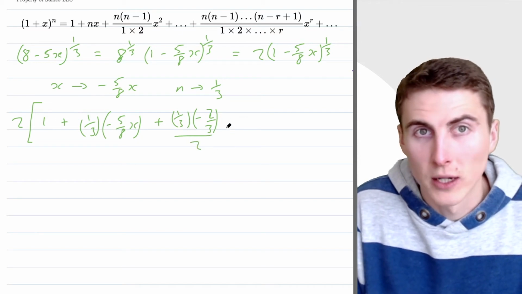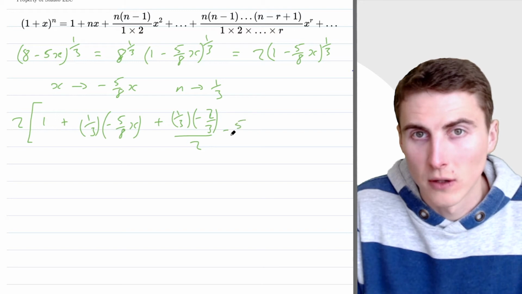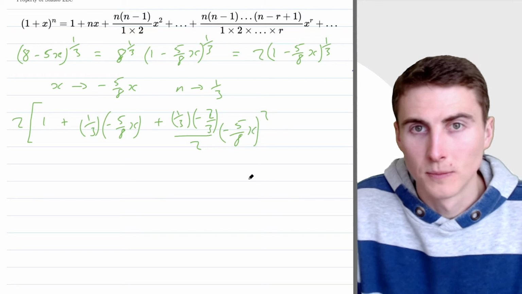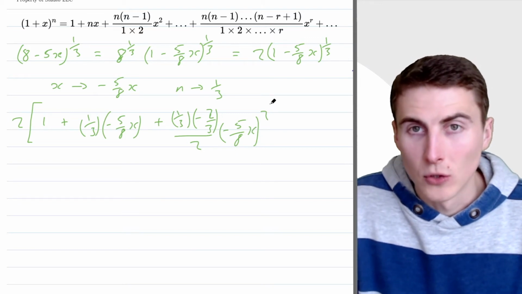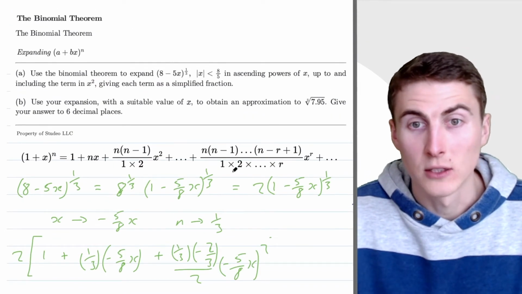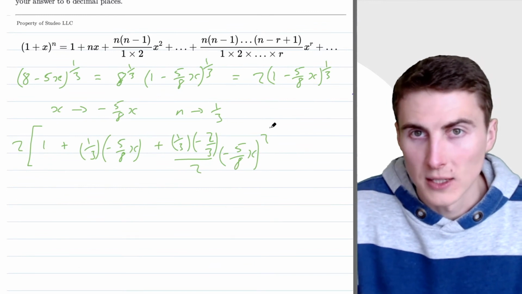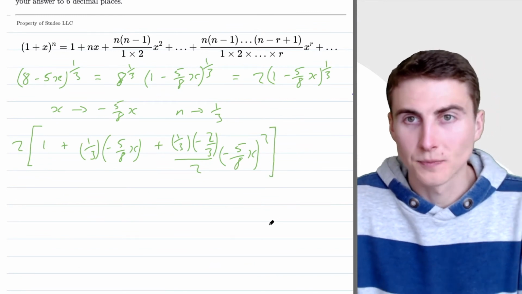And our x squared will be minus 5/8 x squared. And we only have to do it up to x squared, wasn't it? Yeah, x squared. So that's it. And we can close up those brackets now.